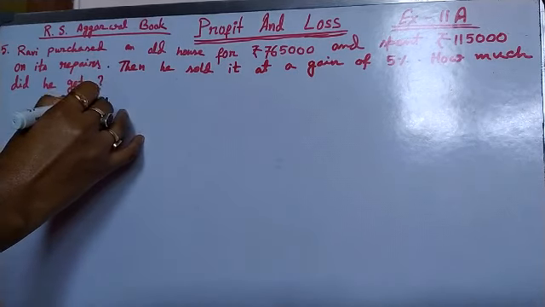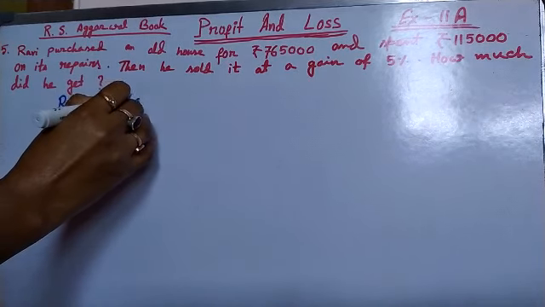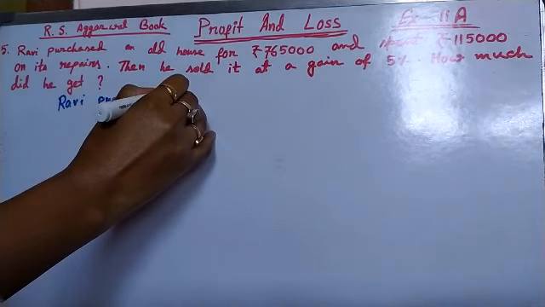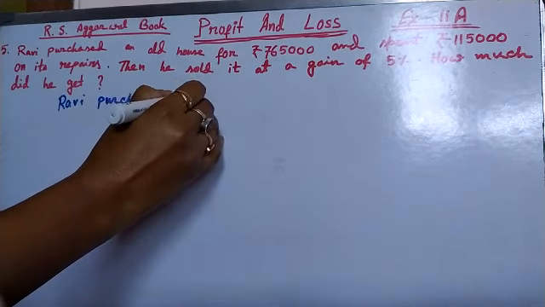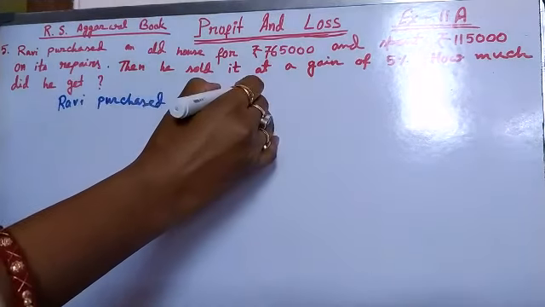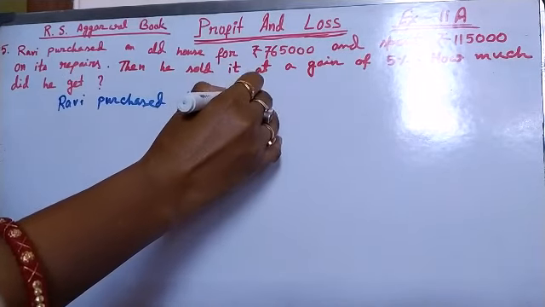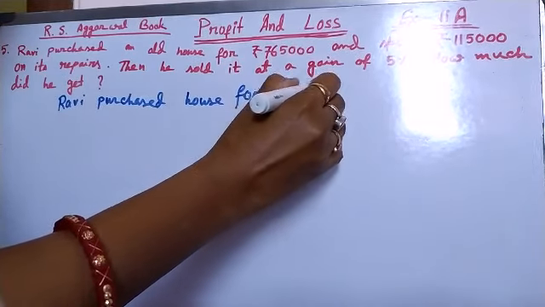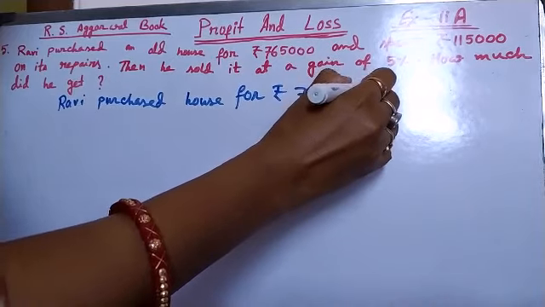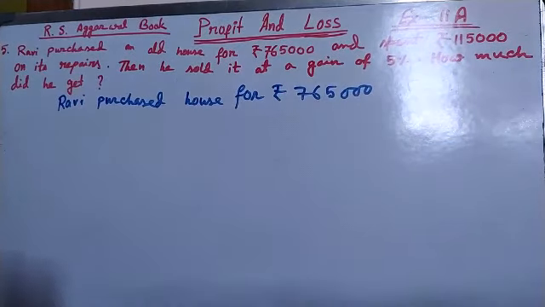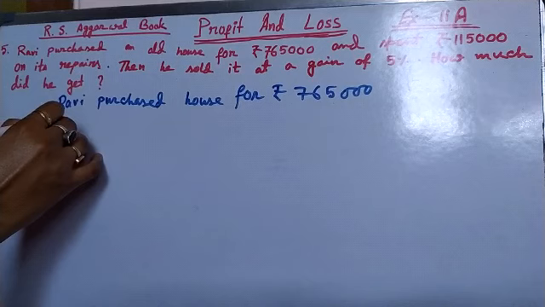Ravi purchased a house for rupees 7,65,000. Then he repaired it.